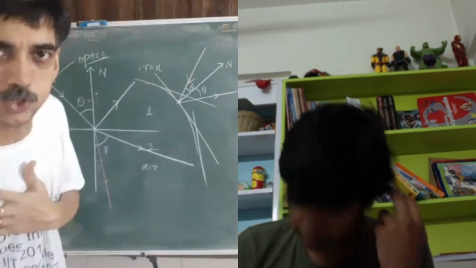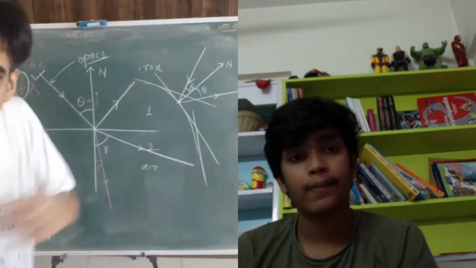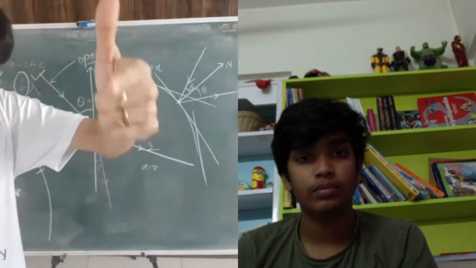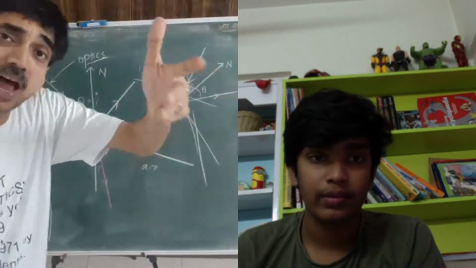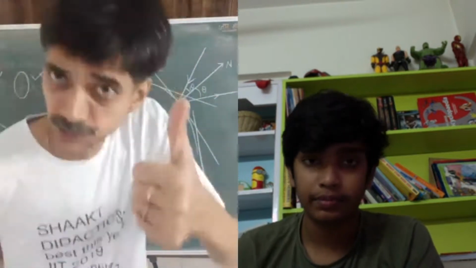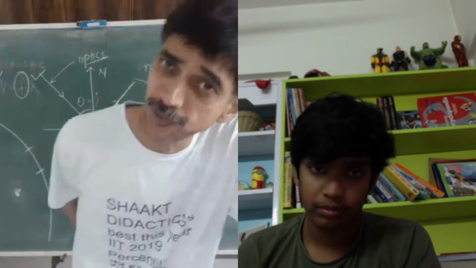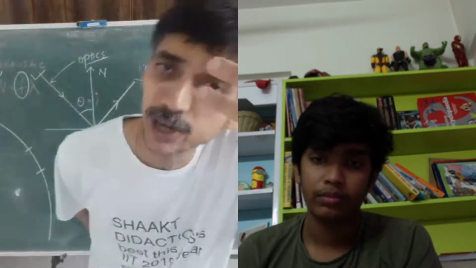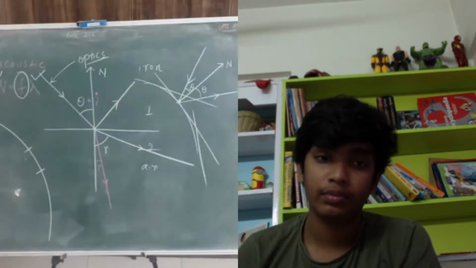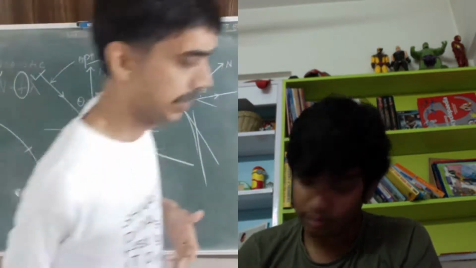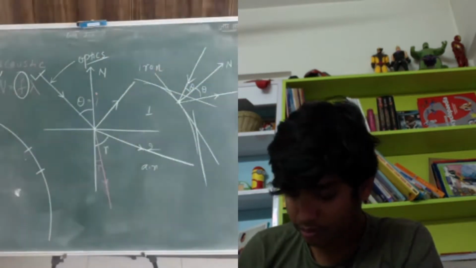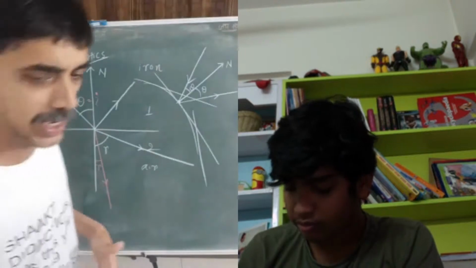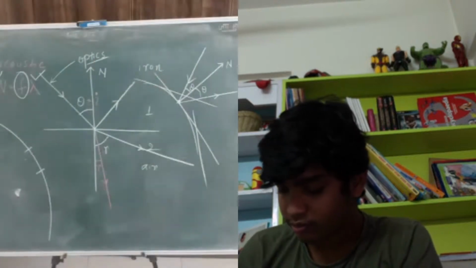The first one being: incident ray, normal, reflected ray, and refracted ray. They all lie in a plane.